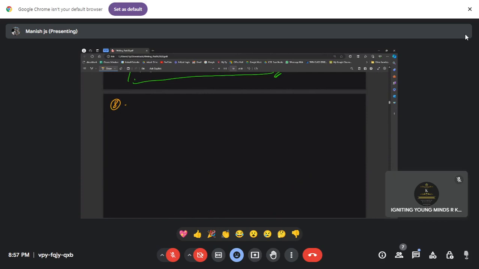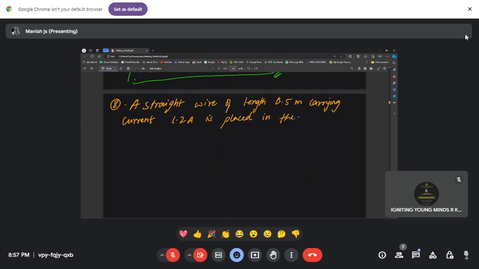Here comes the question. A straight wire of length 0.5 meters, carrying current 1.2 amperes, is placed in the region of magnetic field 2 Tesla.